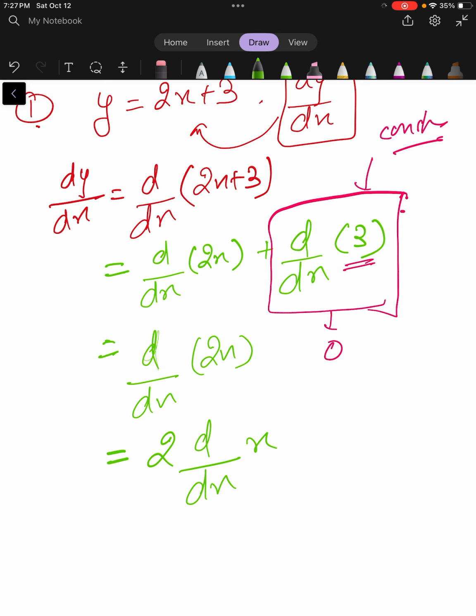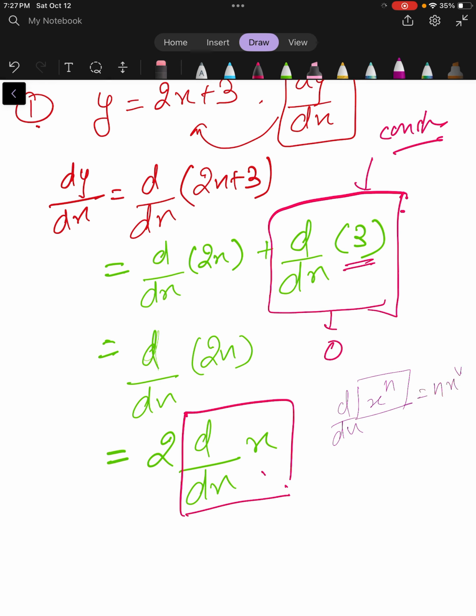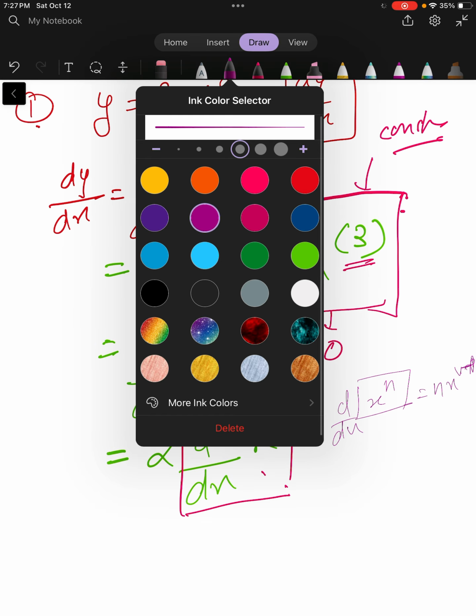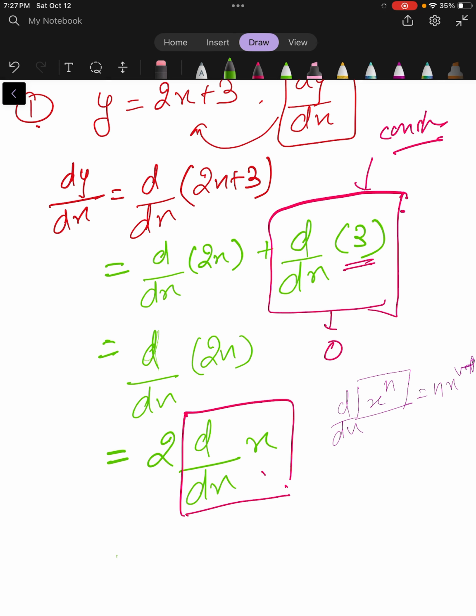Now keep focus on this one. You remember the formula we took: d by dx of x to the power n is equal to n times x to the power n minus 1. The same formula we apply here.